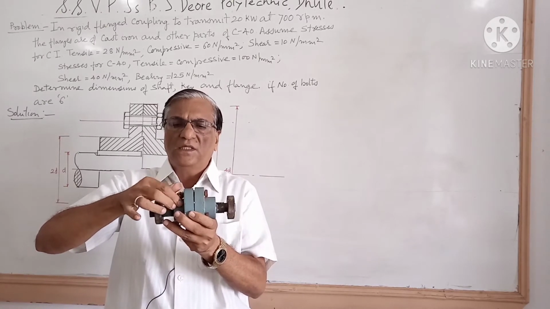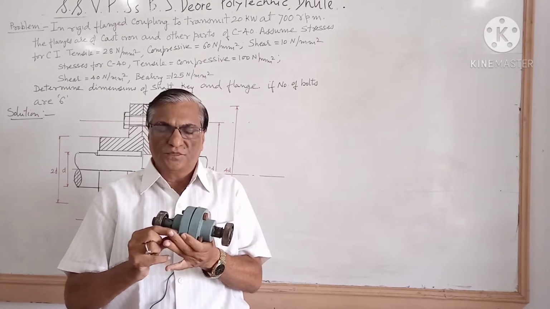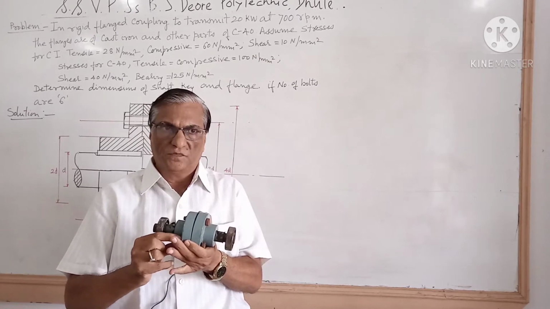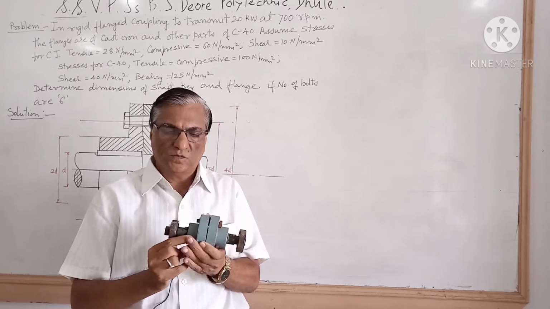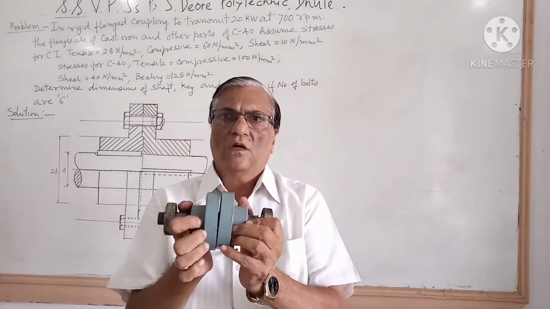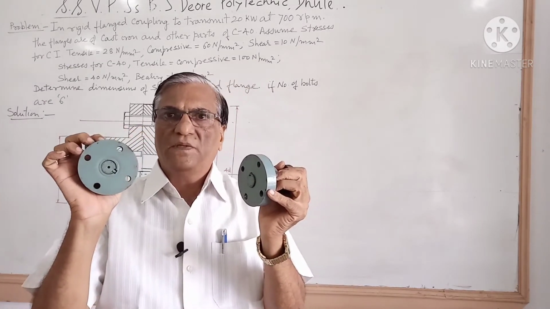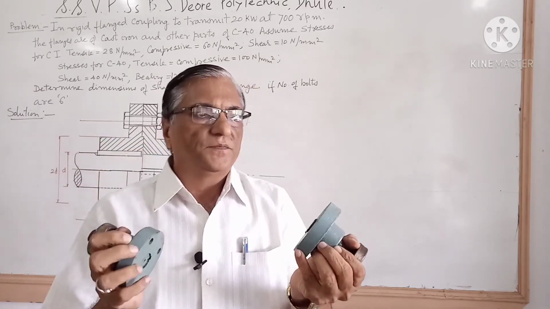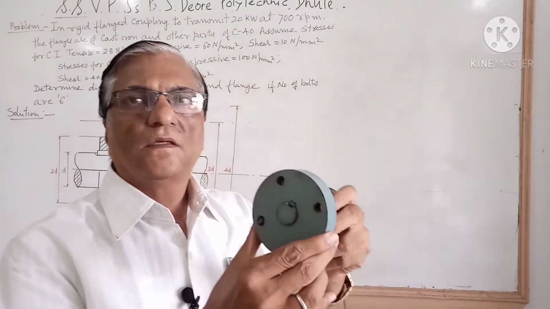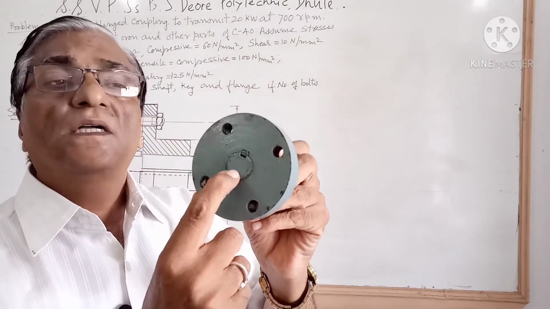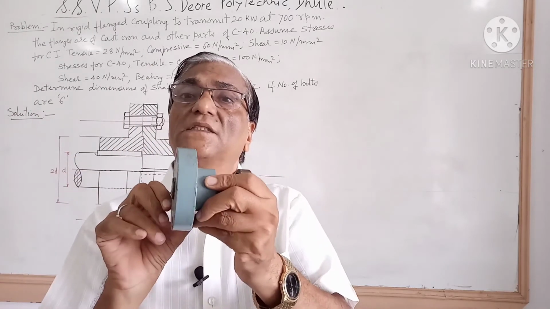Now we will open the bolts by removing the nuts. In this way, these are the details of the flange coupling. This is the shaft with key, and these are the flanges.